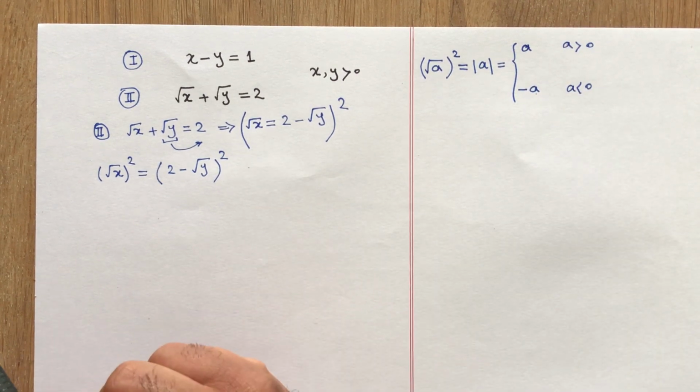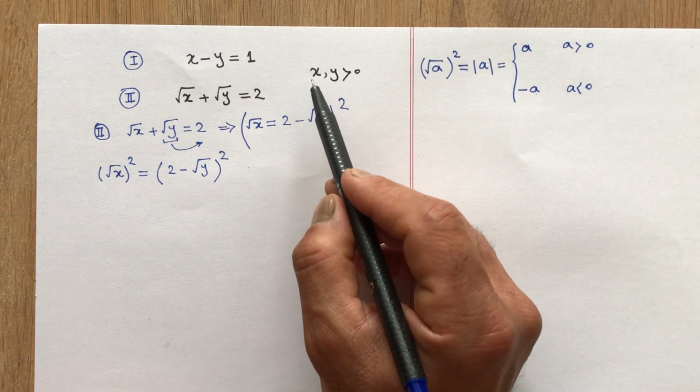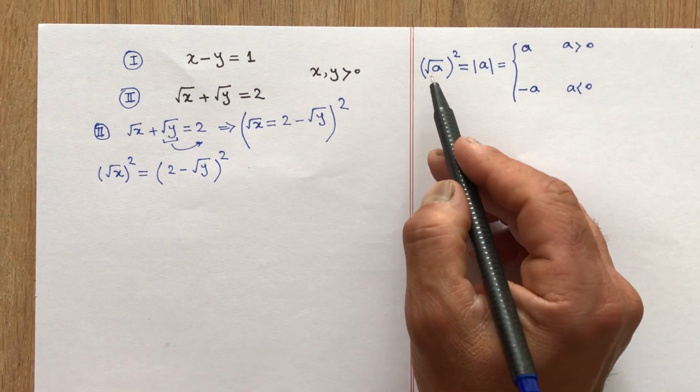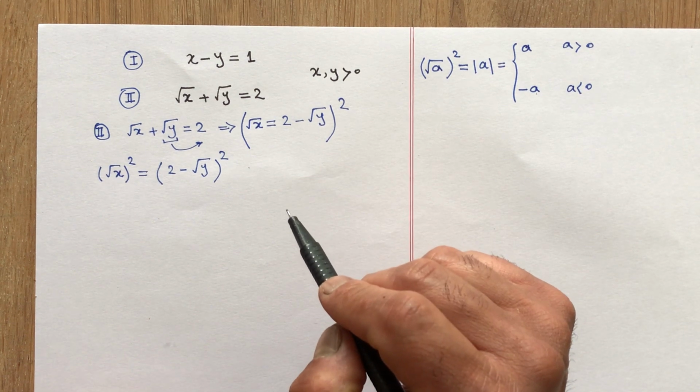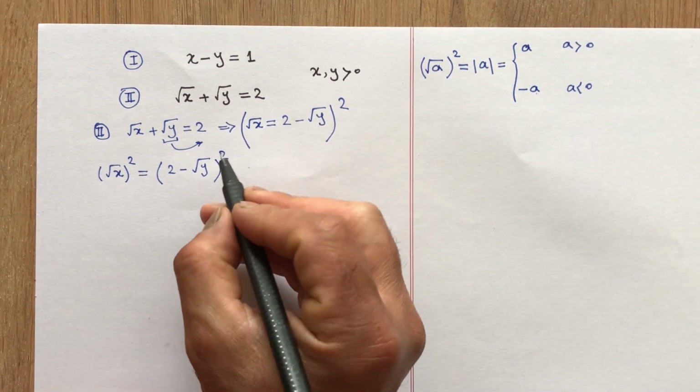But in this equation, we suppose both x and y are positive, so everything that comes out of the radical expression is positive. We don't have any problem here.